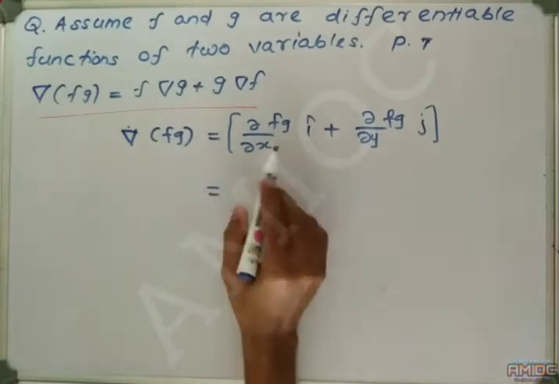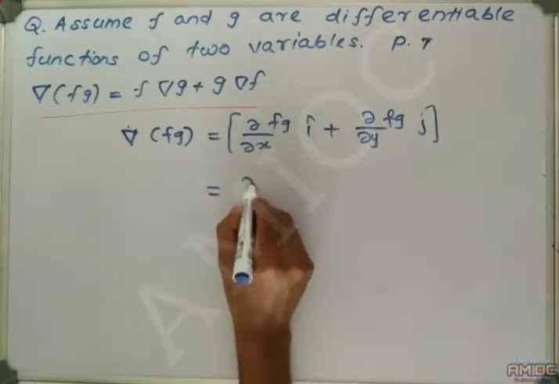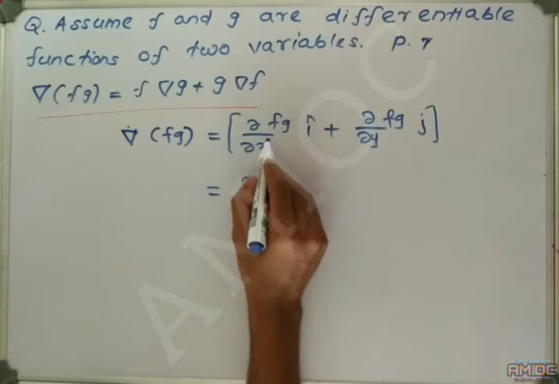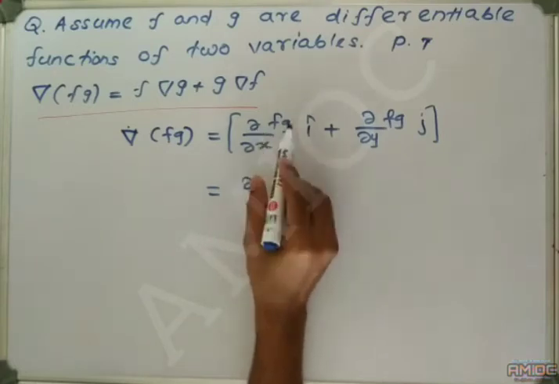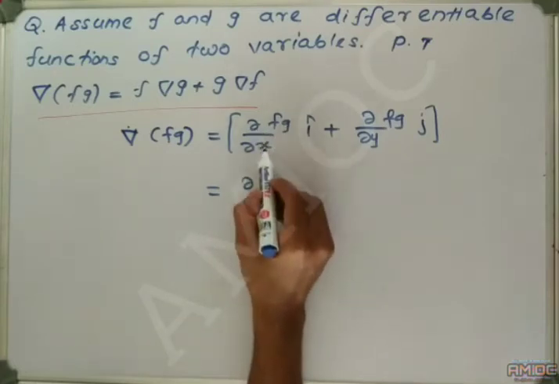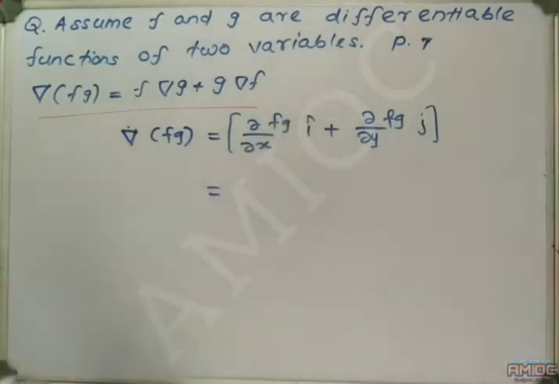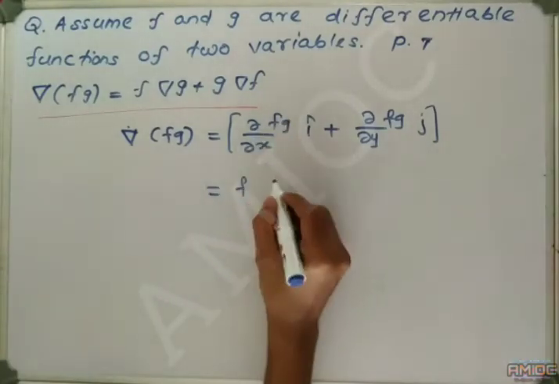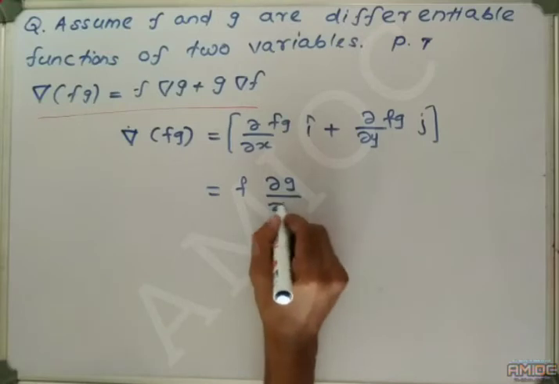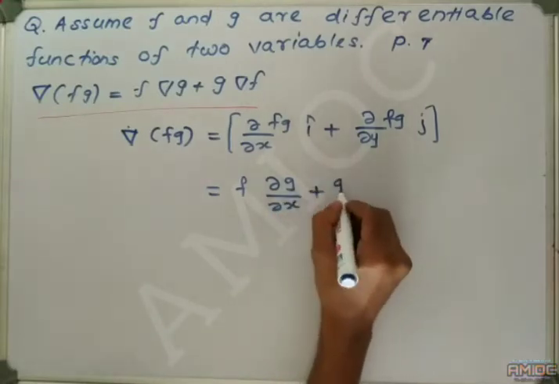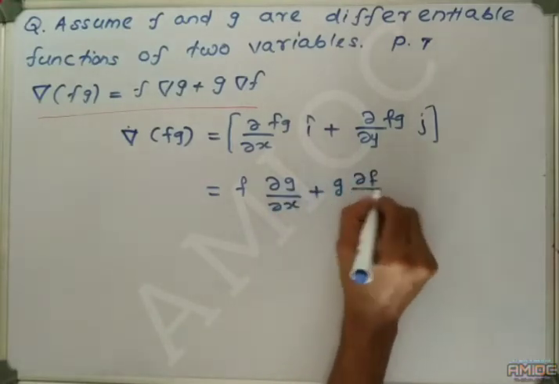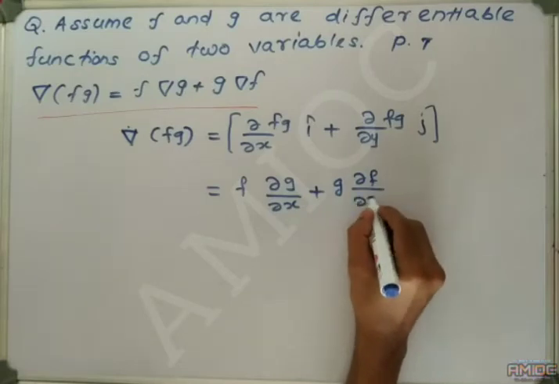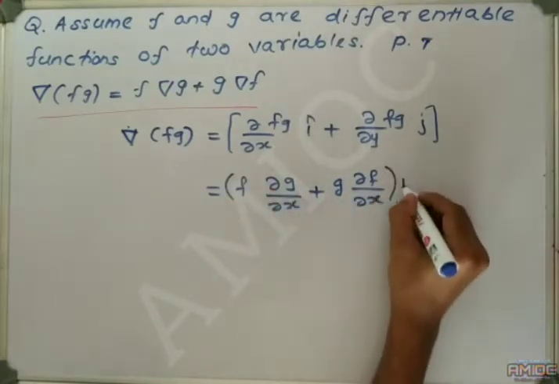Now, by the product rule for partial derivatives, the partial derivative of fg with respect to x is given by f into the partial derivative of g with respect to x plus g into the partial derivative of f with respect to x, into i cap.